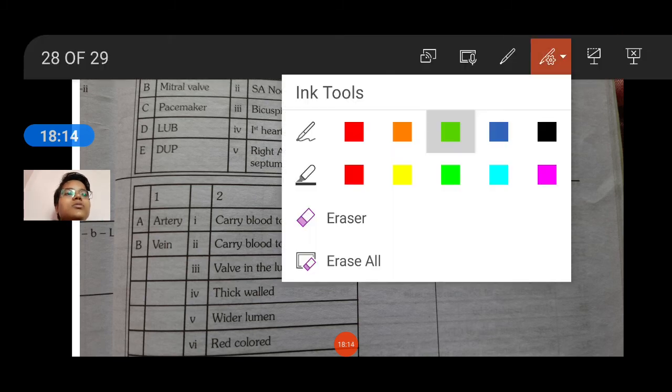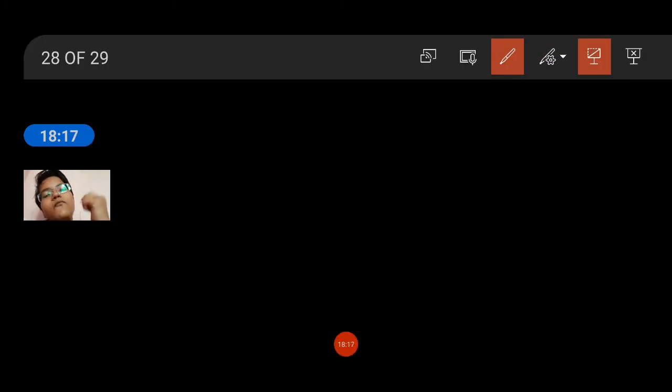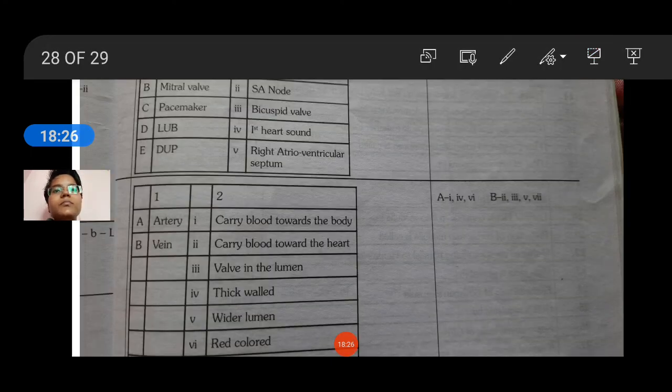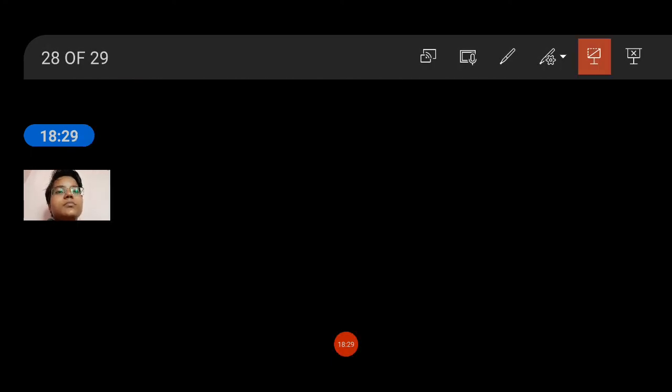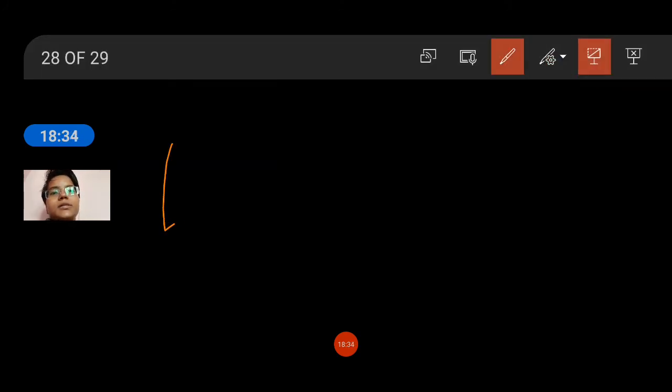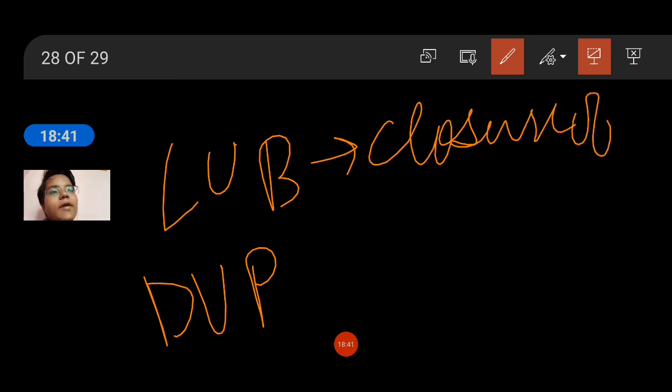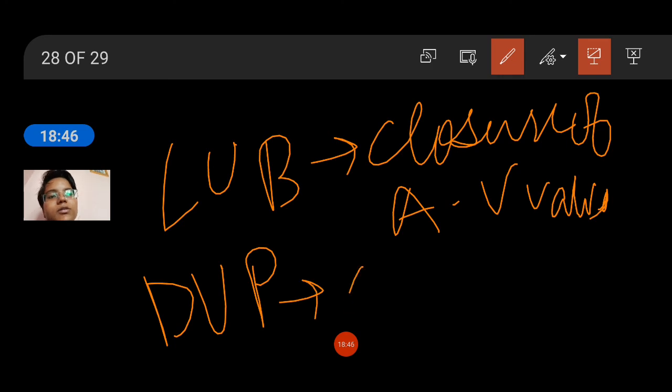Lub occurs due to closure of AV valves, and dub occurs due to closure of semilunar valves.